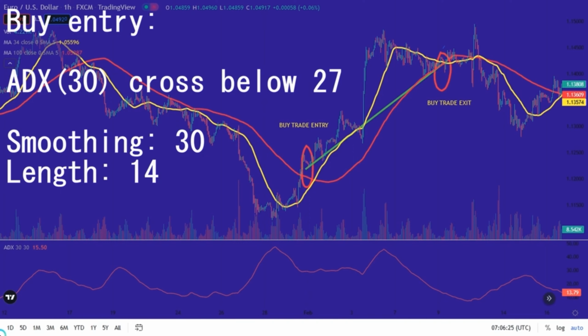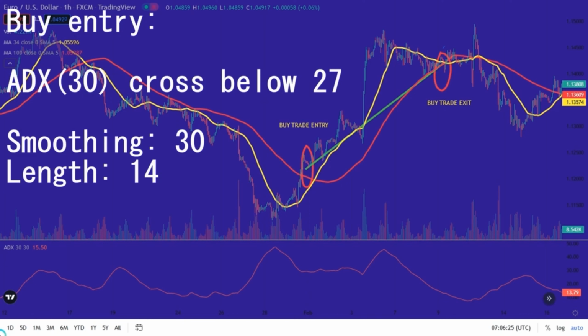The ADX will be a 30 period smoothing ADX, and we can take a buy position if it crosses below 27.